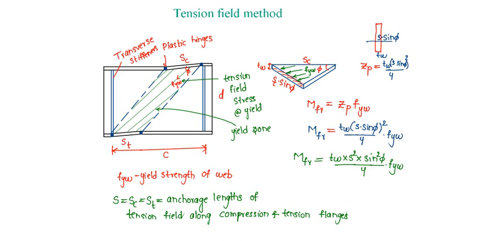From this, S will be equal to 2 by sin phi into under root of MFR by (tw into fyw). So the S formula is S is same as Sc, which is same as St, which is equal to 2 by sin phi into under root of MFR by (tw into fyw), and this S should always be less than or equal to c, transverse spacing between the stiffeners.